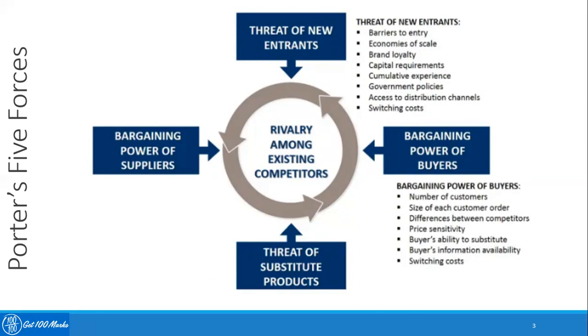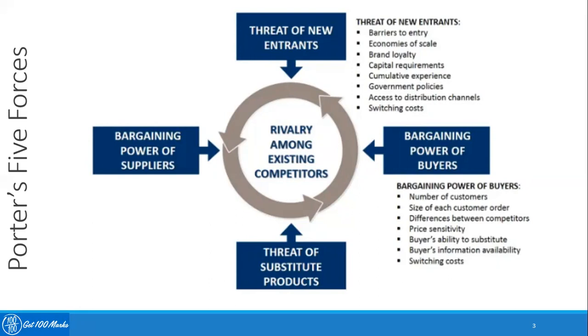Taking one example, let us take the size of a customer order. If a customer gives a huge order, then he will have a better bargaining power with the industry, and so the industry will be at a disadvantage. If the customers are going to buy only very small quantities, then the bargaining power would be less and the industry will have the upper hand.